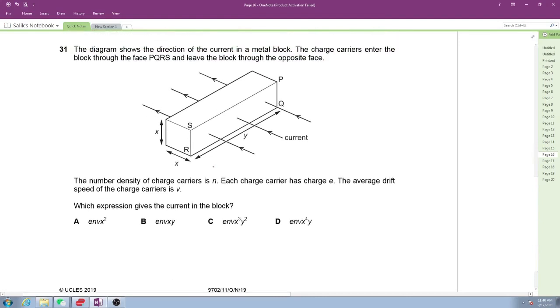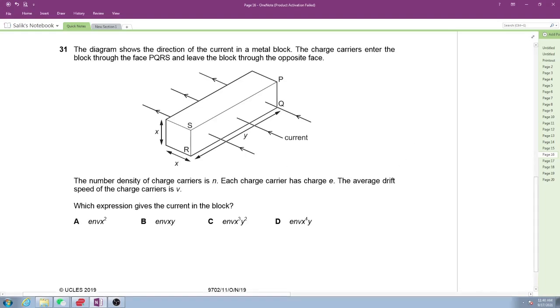Now question number 31. They said the diagram shows the direction of the current in the metal block. The charge carriers enter the block through the face P, Q, R or S and leave the block through the opposite face.